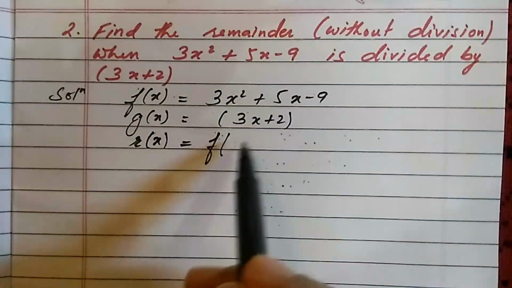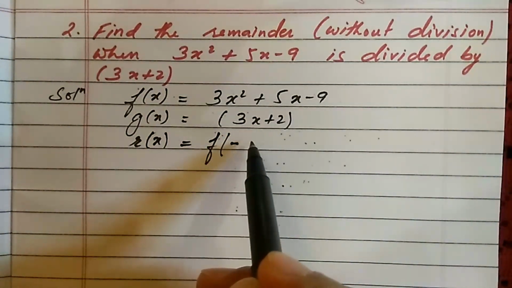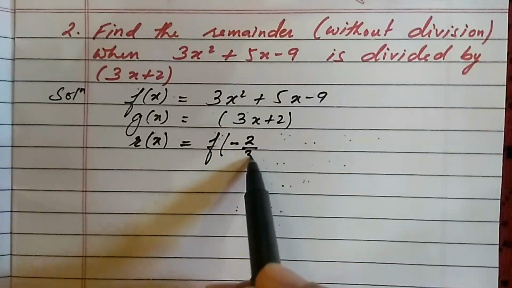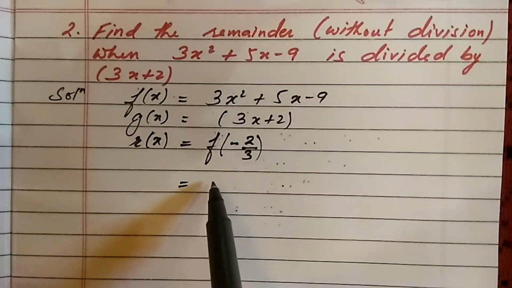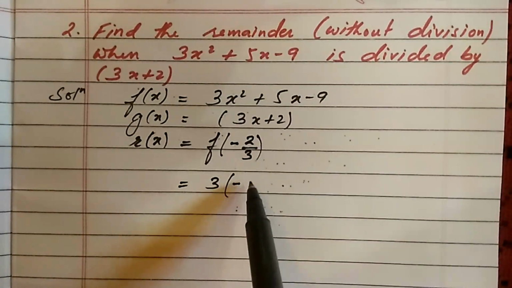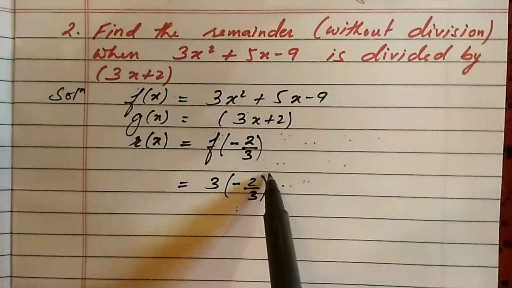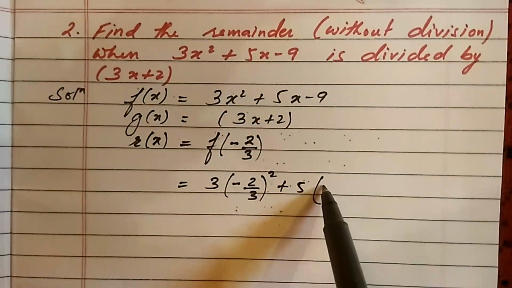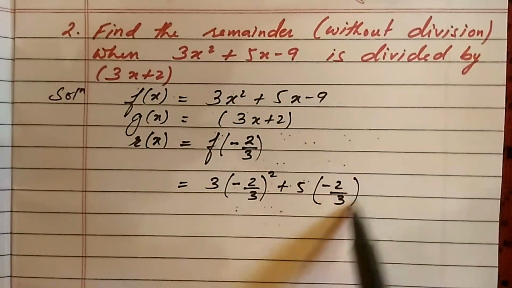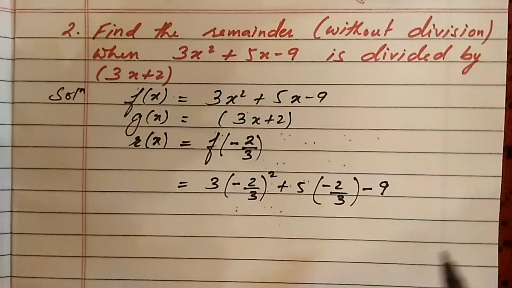Remember, since the plus sign is there, we have to take the opposite, that means a negative sign, and we write 2 upon 3 in all values of x. So when we replace, what do we get? We get 3 into minus 2 by 3 whole squared plus 5 into minus 2 by 3 minus 9.